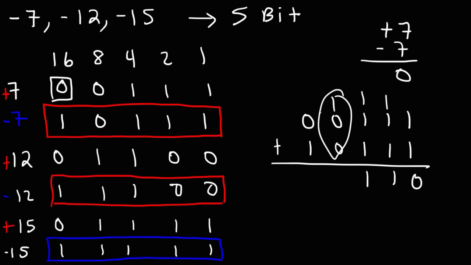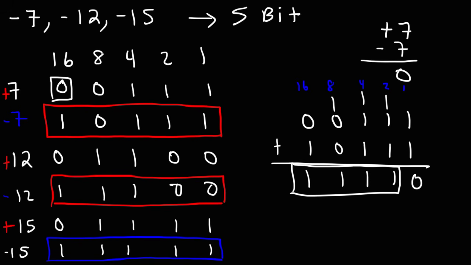And then we have 1 plus 0, which is 1, and 0 plus 1, which is 1. And this is 1, 2, 4, 8, 16. So we're adding 16, 8, 4, and 2. So the result that we'll get is not 0, as you can see. This would be 30, and that can't be right.